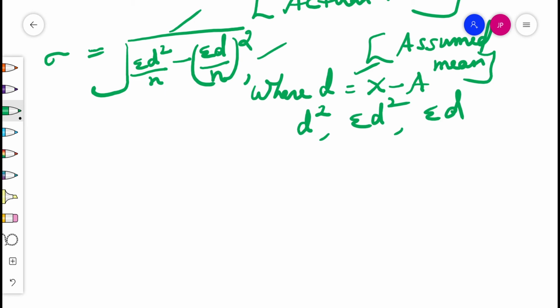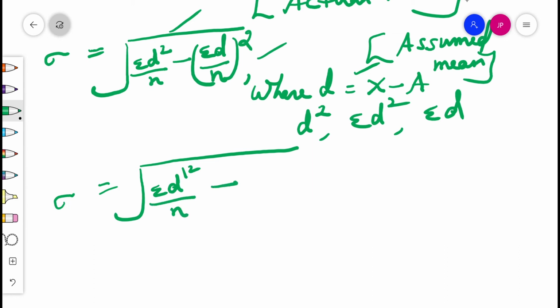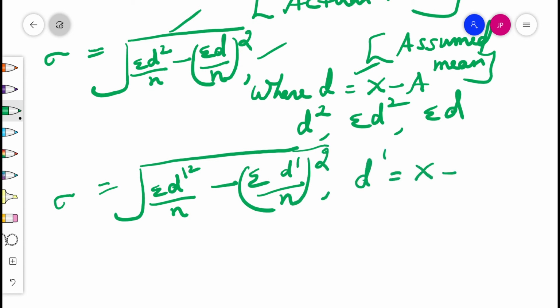As we learnt in the assumed mean method of arithmetic mean itself, there is a step deviation method. In standard deviation also we have the step deviation method, that is sigma d dash square by n minus sigma d dash by n whole square. Here also d dash is equal to item minus assumed mean by common factor.